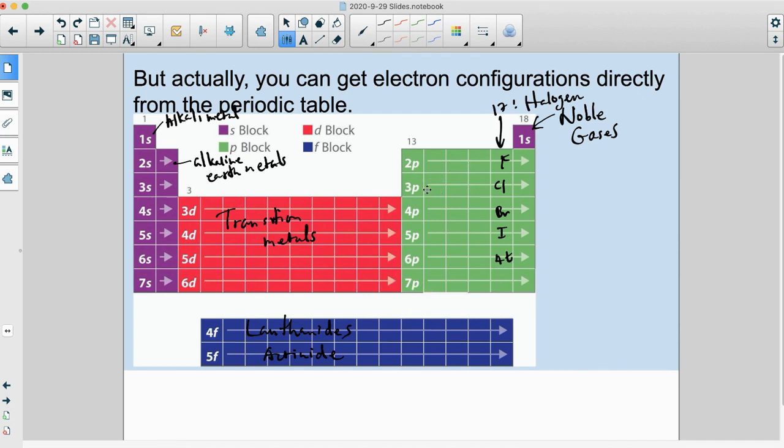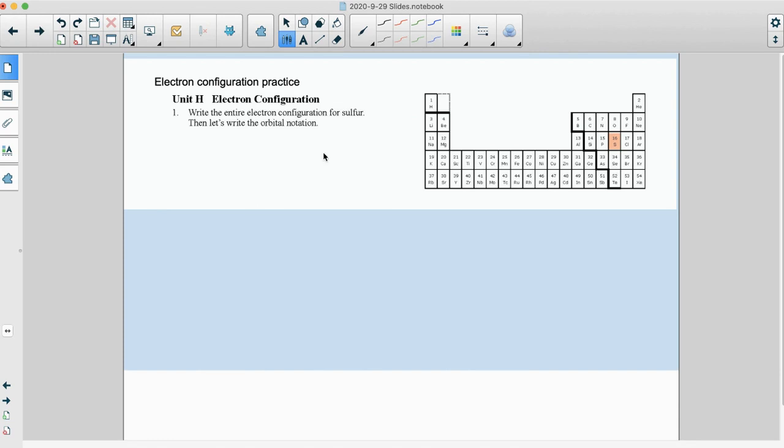So for example, if I pick something like silicon here, which we did as the opener, I could just go across. I know it's 1s2, 2s2, 2p6, 3s2, 3p2 is what it ends in. Pretty nifty. All right, so here, our electron configuration for sulfur.